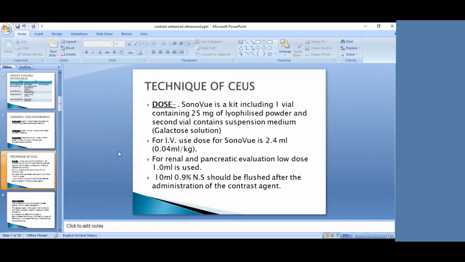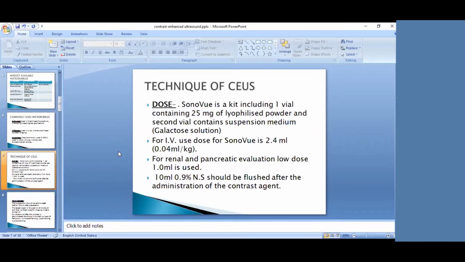After we inject this contrast agent, we will take 10 ml of 0.9% normal saline, which is sterilized, and inject it after the contrast agent. So first we have two vials, one powder and one solution.